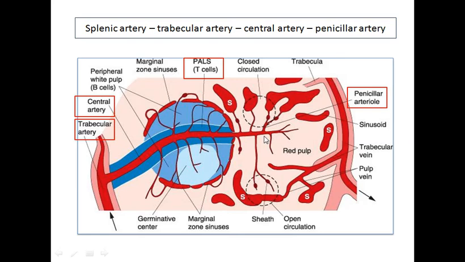This is the penicillar artery. So the main splenic artery entering into the trabecula, the name is trabecular artery. While leaving the trabecula, the name is the central artery. But the central artery is found to be invested by T cells. This is known as PALS, periarteriolar lymphoid sheath. Now this central artery along with PALS will enter into the white pulp, the lymphatic nodule, and when it will leave the white pulp, the name will be the penicillar artery, right.